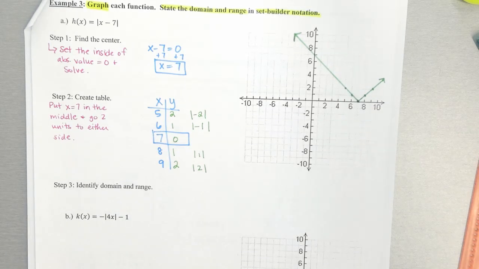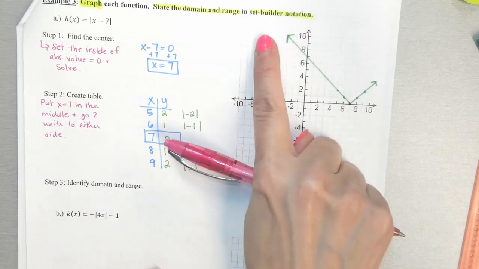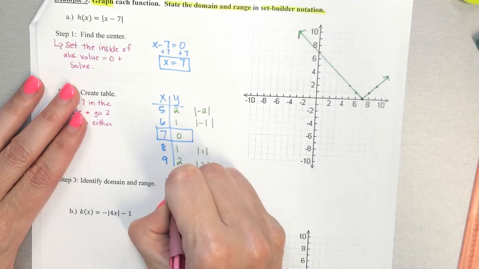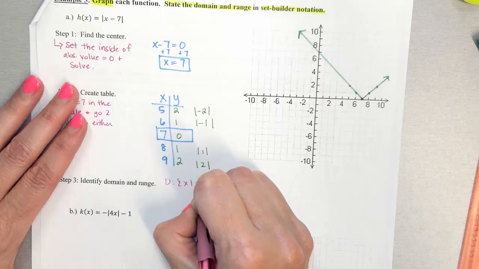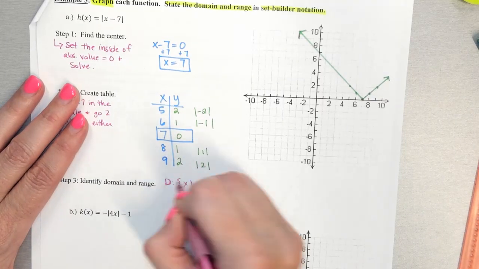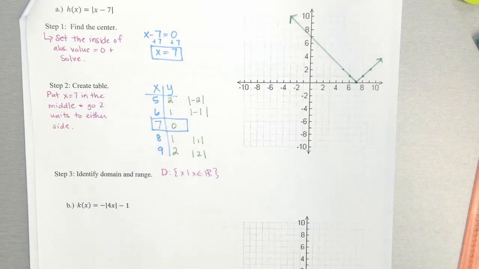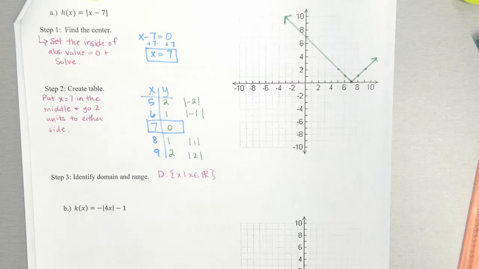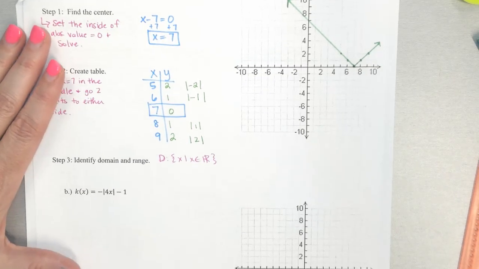And then step 3 is to identify your domain and your range. So negative infinity to positive infinity is the domain. So it's going to be all real numbers. Anytime you do the absolute value, and it's only the absolute value, it's not like a piecewise, you should have all real numbers for your domain.